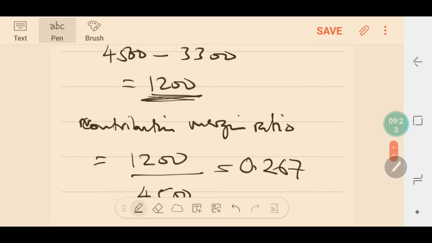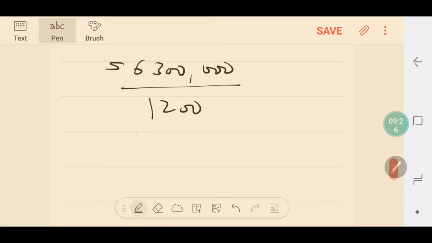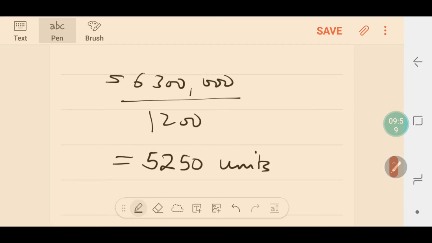This will give us 5,250 units. These are the units required to break even.